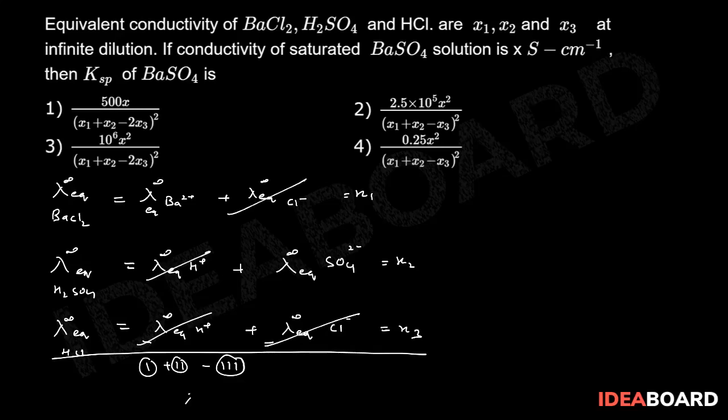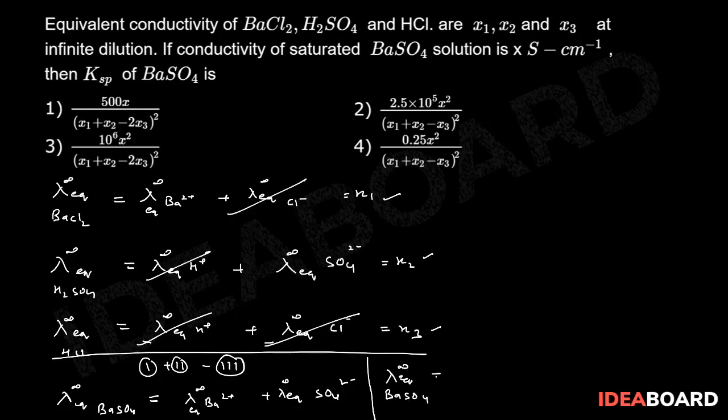So I am left with lambda infinity Ba2+ equivalent plus lambda equivalent at infinity sulfate, which means this is the value of lambda infinity equivalent for BaSO4. Because this is X1, this is X2, this is X3, that means lambda infinity equivalent for BaSO4 is equal to X1 plus X2 minus X3. Let's call this equation 1.